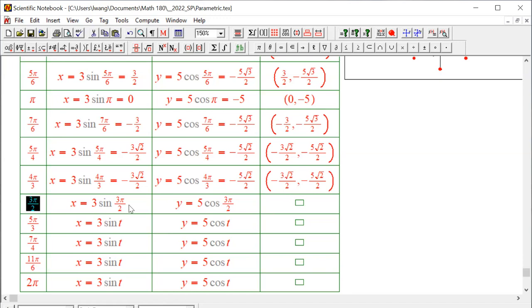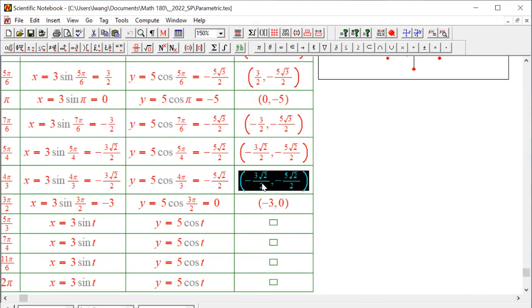3 pi over 2, that's going to be equal to -3, because sine of 3 pi over 2 is -1. Cosine of 3 pi over 2, that's a 0. So we get another point. This time we do 2 points at a time. So let's see, where do we put them?